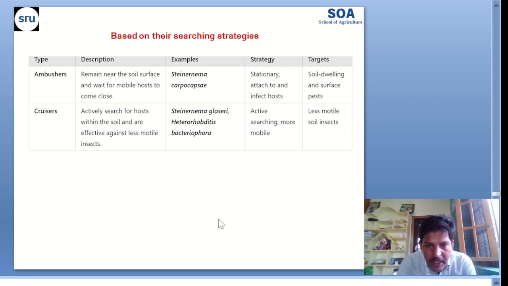Example for ambusers is Steinernema carpocapsae. Examples for cruisers are Steinernema glaseri and Heterorhabditis bacteriophora. Ambushers target soil-dwelling and surface pests; cruisers target less motile soil insects.